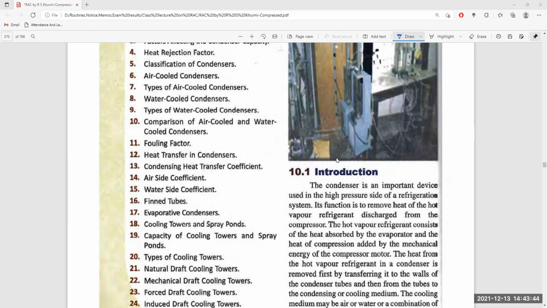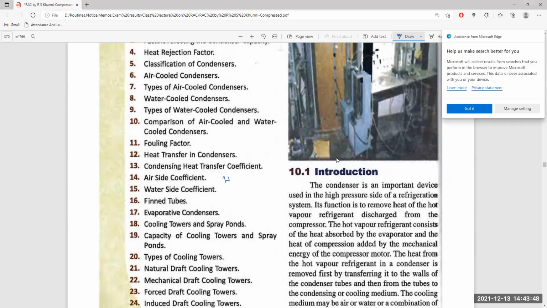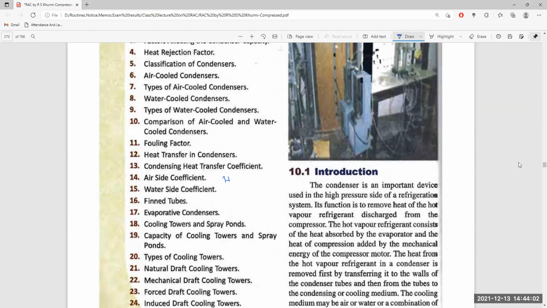We showed there are two sides of the refrigeration system which we have defined: the high pressure side and the low pressure side.